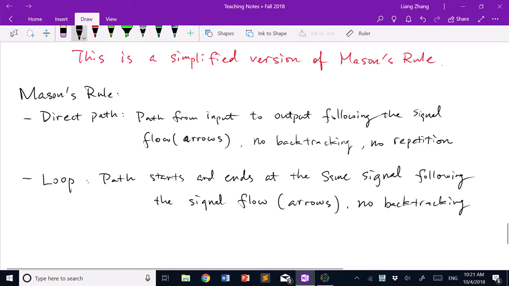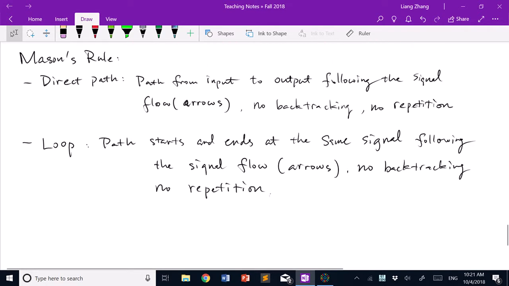Still no backtracking and no repetition. Otherwise, you can go around the loop again, but that won't be necessary. We only want to go back to the original place. We don't want to have any repetition. So this defines the two.